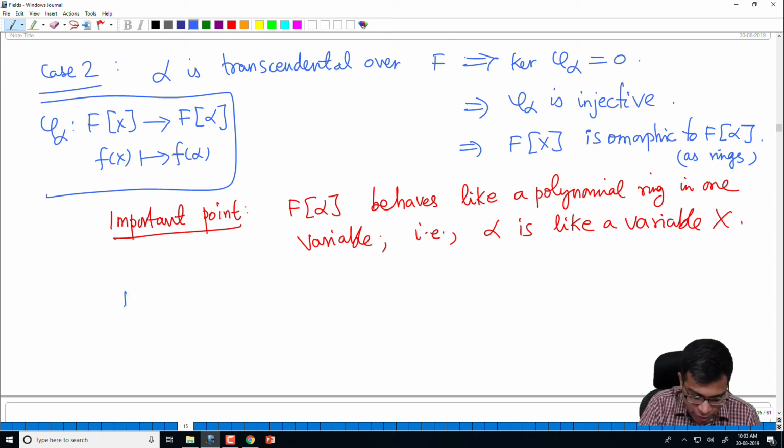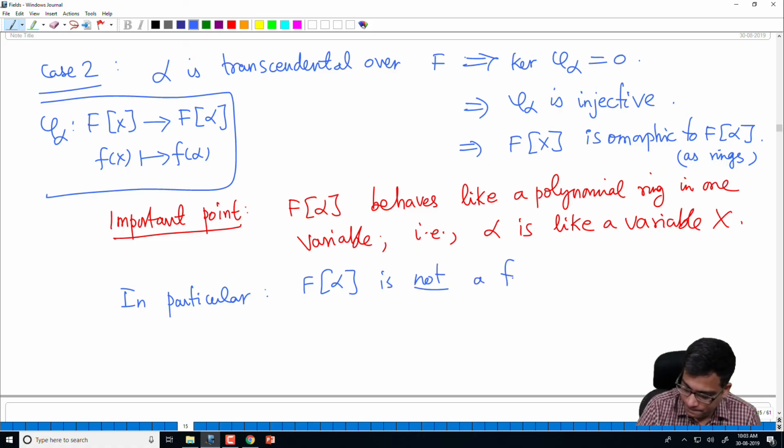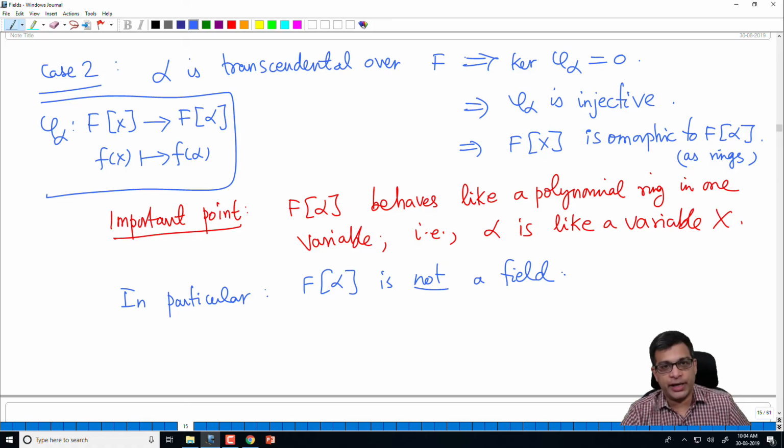So in particular, F[alpha] is not a field, right? Because it is isomorphic to F[x], and F[x] is certainly not a field, because x has no inverse.